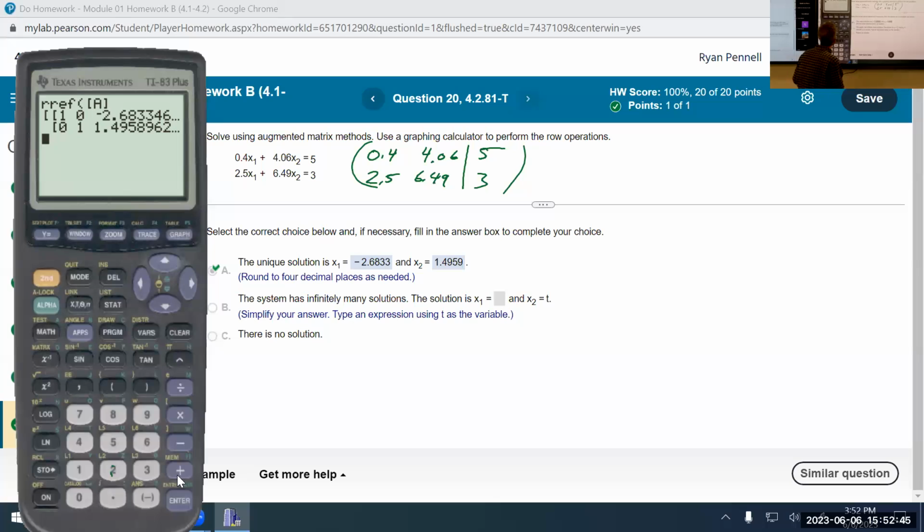Now you can see where the answer is coming from. It said round to the nearest 4 decimals, and so you can see where that comes from. So there you go. But I also showed you how you can do it by hand. That's how I solved it initially. But I'm supposed to show the graphing calculator, so there it is.